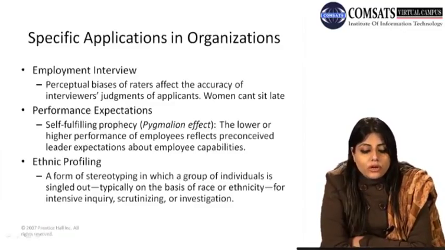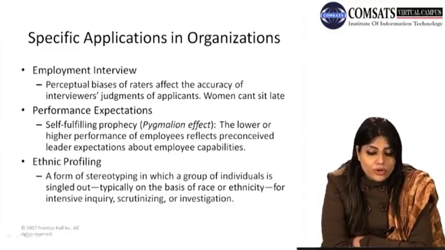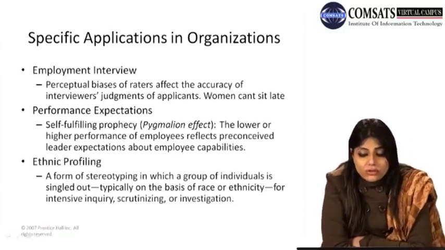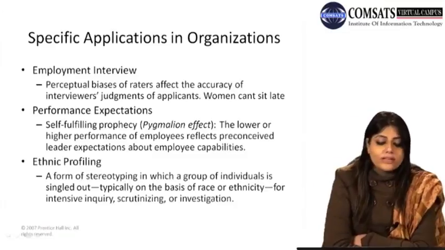In the employment interview, perceptual biases of raters affect the accuracy of interviewers' judgments of applicants. Like I told you, when you are into these biases, into stereotyping, then of course you cannot make your judgments accurately, such as women can't sit late. I gave you the example.